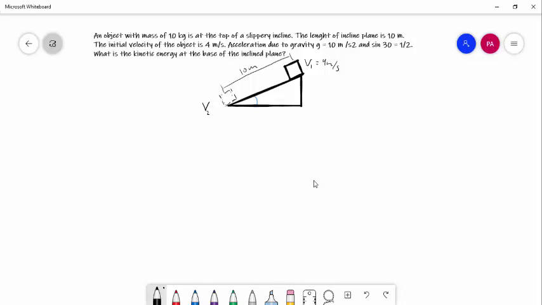Actually, there are 3 ways to find the kinetic energy at the base of the inclined plane. The first one is to find the acceleration of the object first.